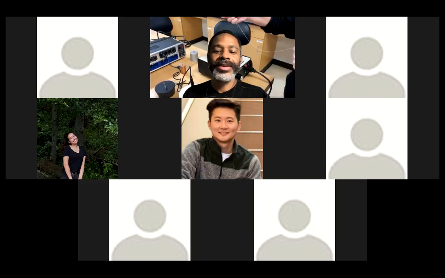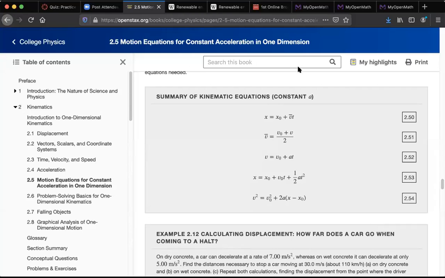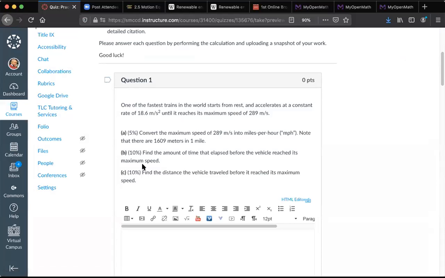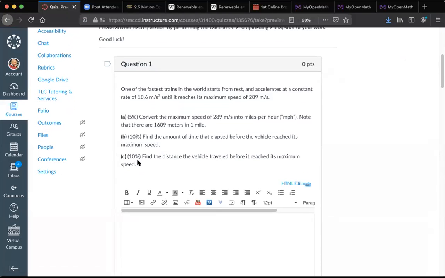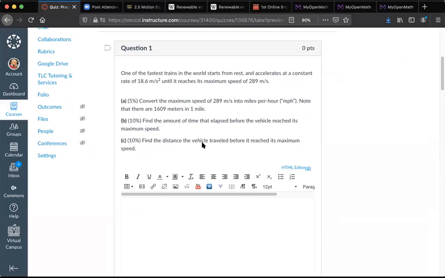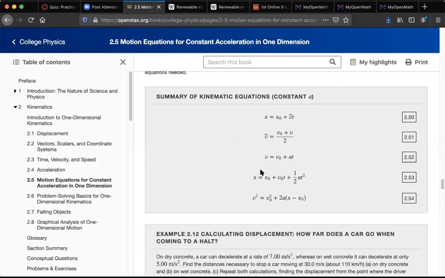Okay, so let's look at what we have next. What we have next is known as Part C, and that says find the distance a vehicle travels before reaching the maximum speed. Okay, so for that one, we can go back to our wonderful motion equations.